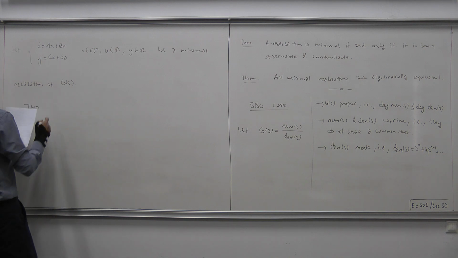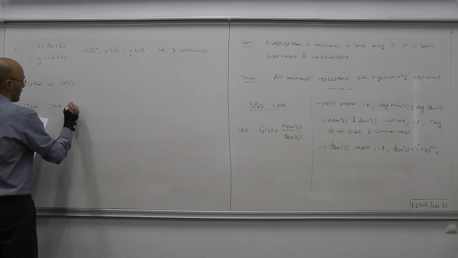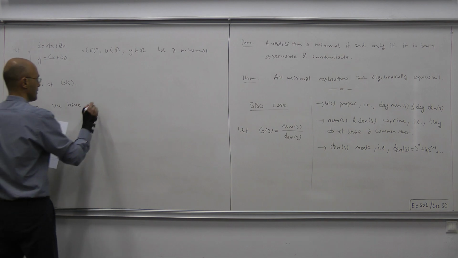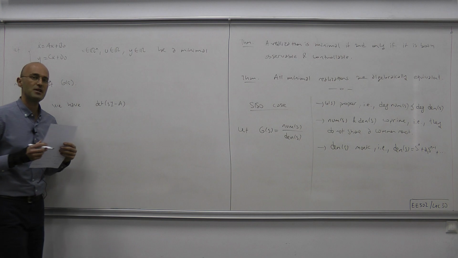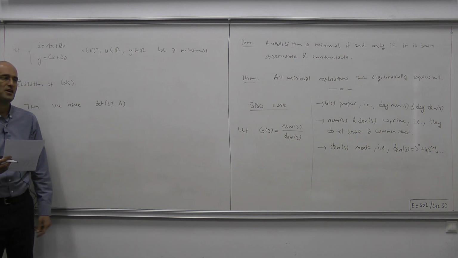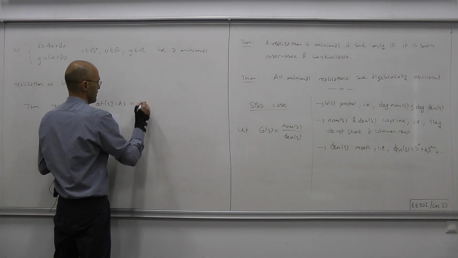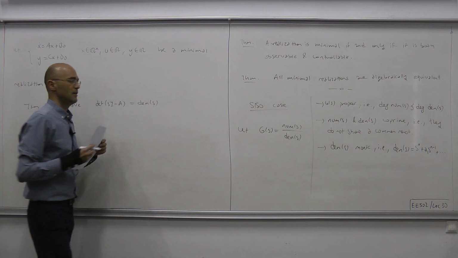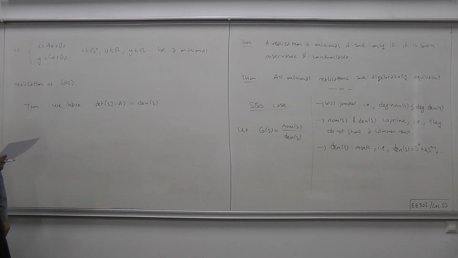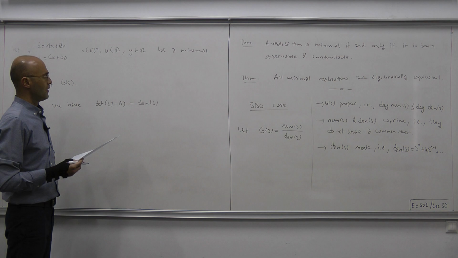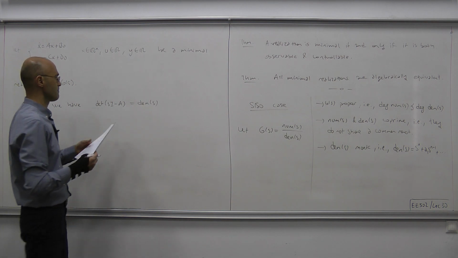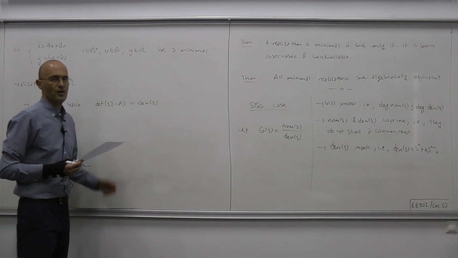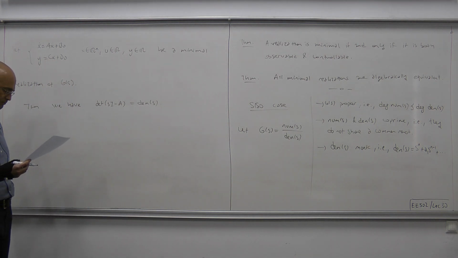We have the following: the characteristic polynomial of the A matrix, determinant of sI minus A, equals the denominator polynomial of the transfer function g of s.